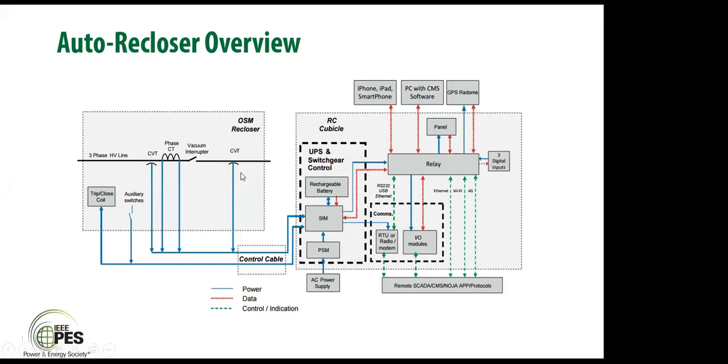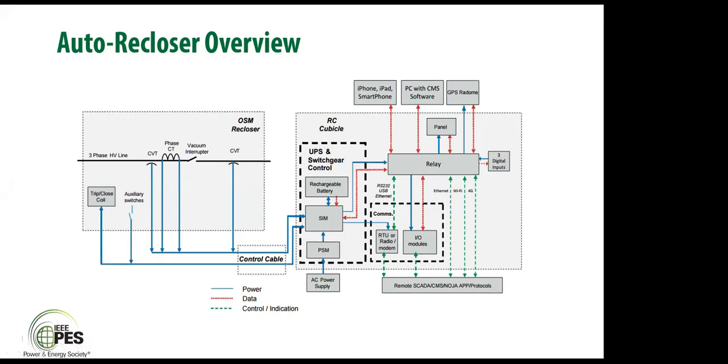This information then comes through a control cable to the SIM. You can see in the diagram that the information from the CT and the CVT is coming to the SIM on the right side, which stands for switchgear interfacing module.